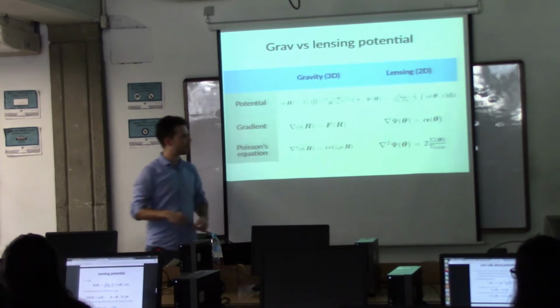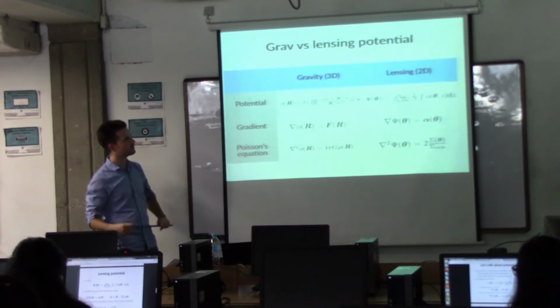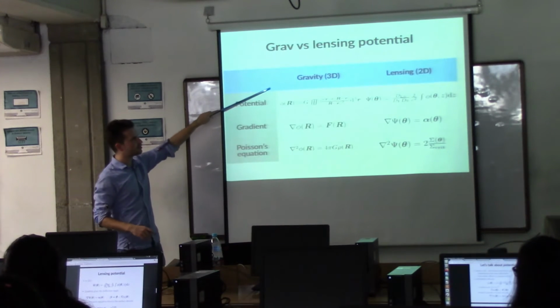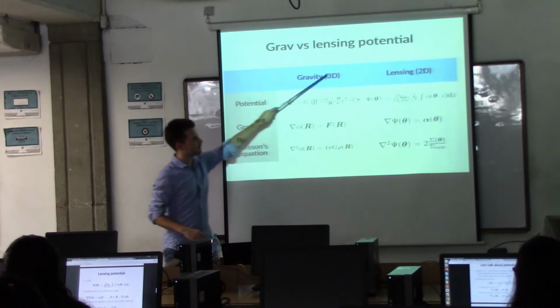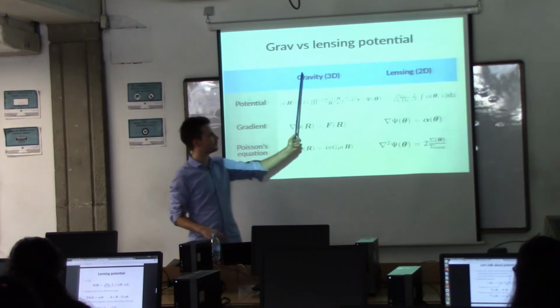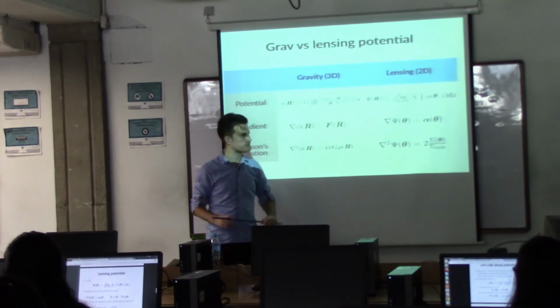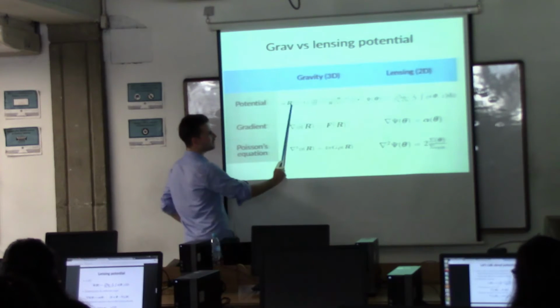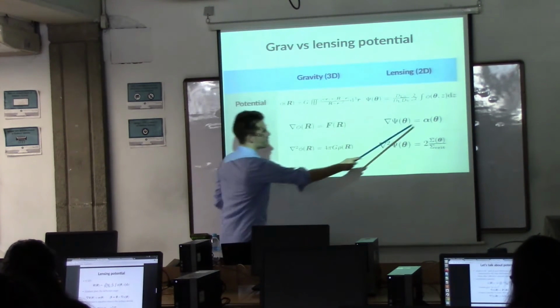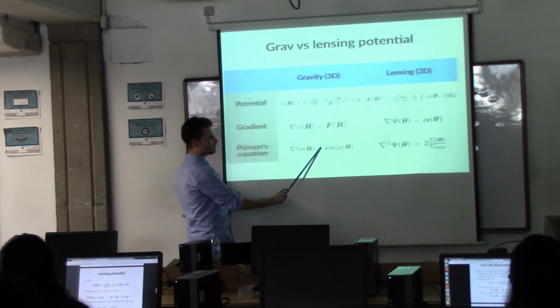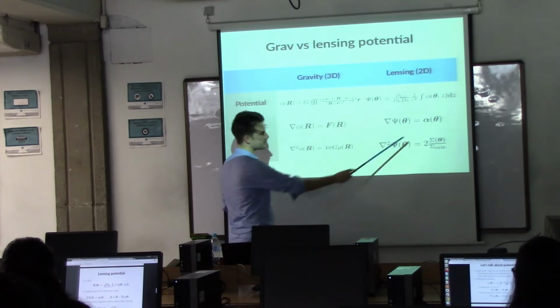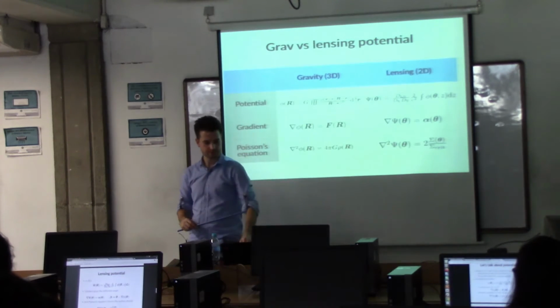This is just a brief comparison. It will be in the lecture slides of how we calculate the potential, the potential gradient and Poisson's equation in the gravity and the lensing case. And you can see the similarity here. Force and deflection angle, and density and the surface density.